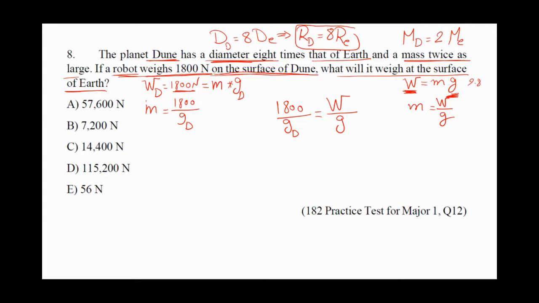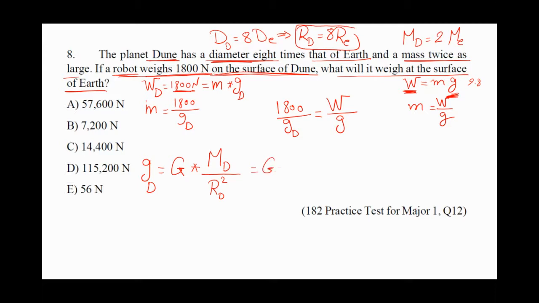How can we do that? If you remember, the gravity at Dawn equals the big G, the constant, times the mass of the planet Dawn, divided by the radius of Dawn squared. This is the formula for the gravity acceleration of Dawn.